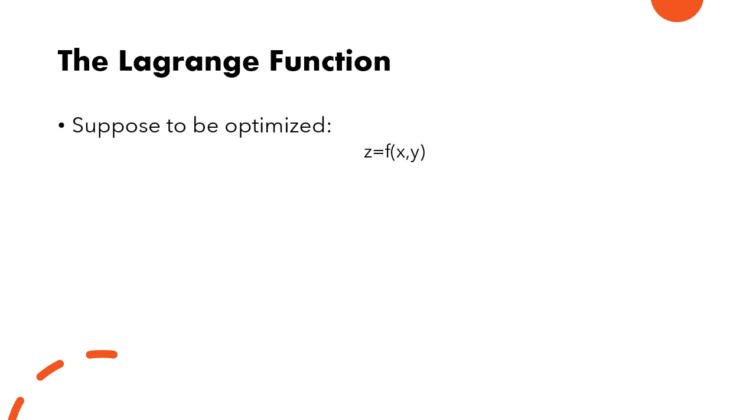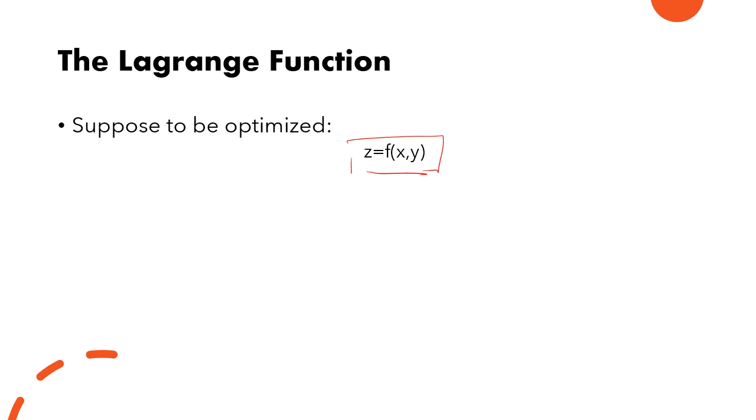This is the same as what we discussed last week. We want to optimize this kind of function. The difference between what we did last week and today is that we have an additional function which makes this function have a constraint.